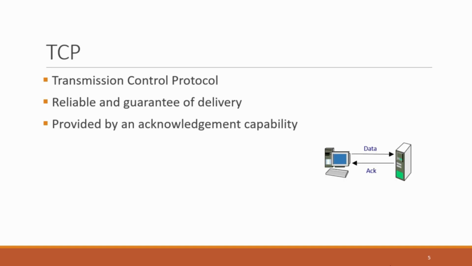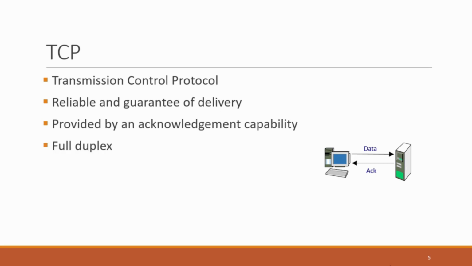That is, when the data goes out, we receive an acknowledgement that the data was received. Once we receive that acknowledgement, we continue on with the data. As you can imagine, this requires additional overhead, so TCP can be used for guaranteed delivery. This overhead, of course, comes at a cost, and that cost is speed. That's why UDP is used for our streaming protocols.